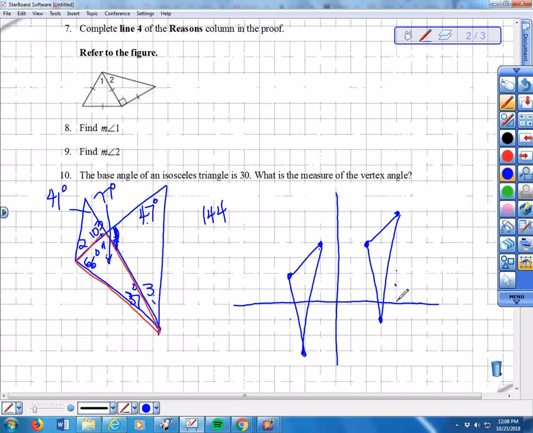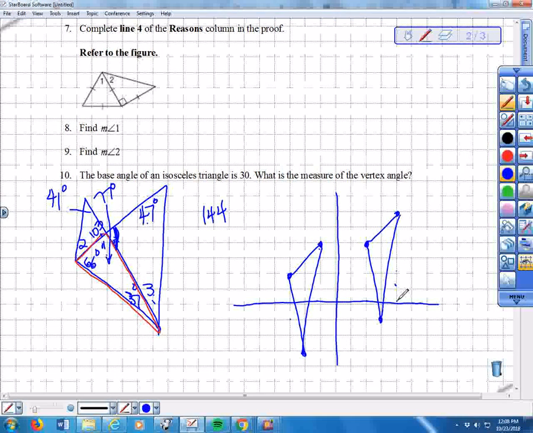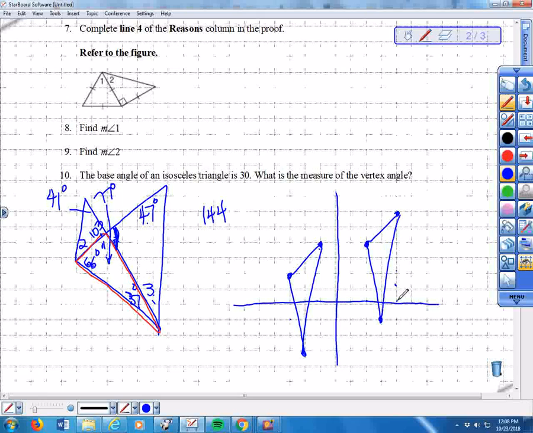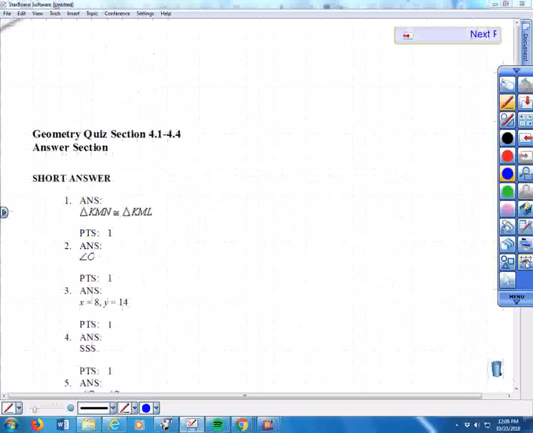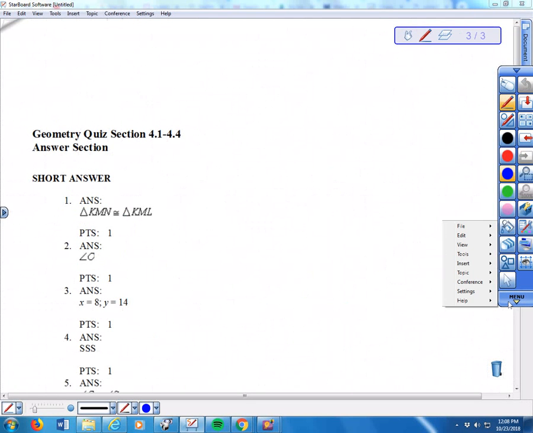Is that the only 2 that I didn't get to? Oh, thank you. And number 10. How do I go? I'll just go new.